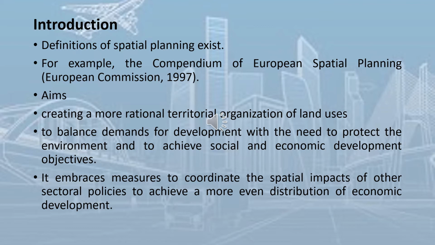Now, this is from the European Commission, and it is a rather old document that dates back to 1997. Along those same lines, the compendium states that spatial planning is undertaken with the aim of creating a more rational territorial organization of land uses and the linkages between them.